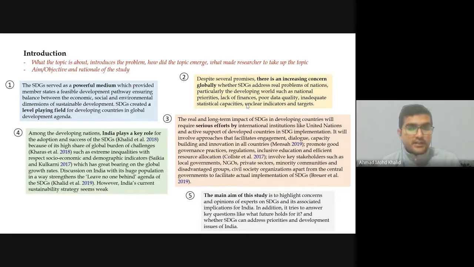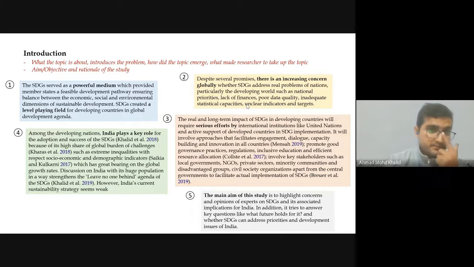You may say that this is how this topic has emerged, and these are the reasons that I'm going to handle this problem, and that's how I have chosen it. So it's a summary where you introduce the problem, talk about it, tell why you have especially chosen that, and what you're going to do in the next sections.